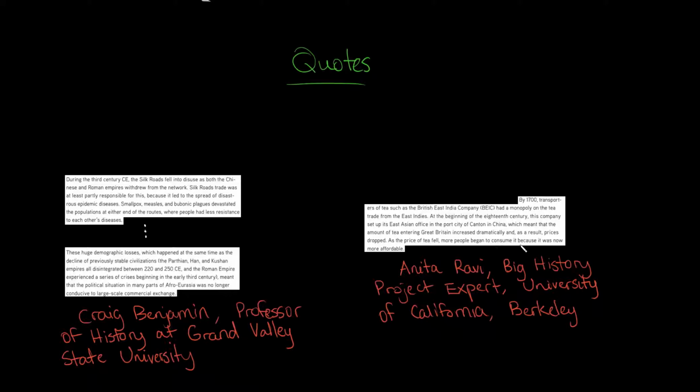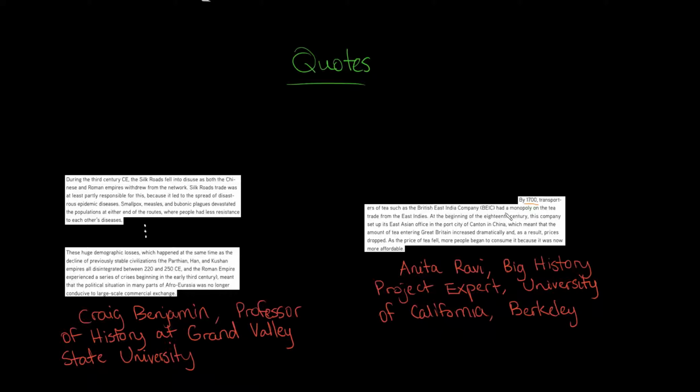This is an example about the Brits and their tea, right? We now associate Britain with tea, so I'll read this quote here. And the quote says, "By 1700, transporters of tea such as the British East India Company had a monopoly on the tea trade from the East Indies.